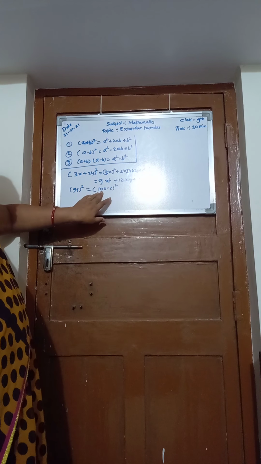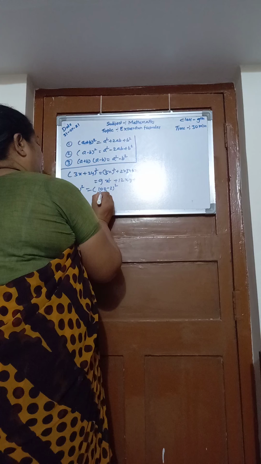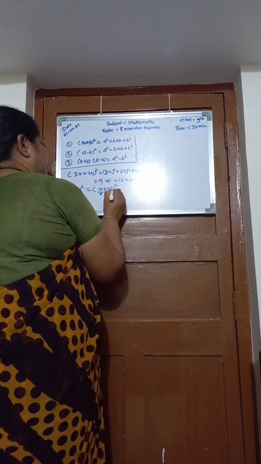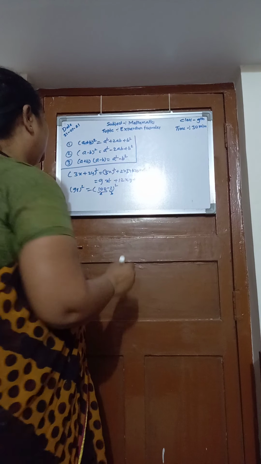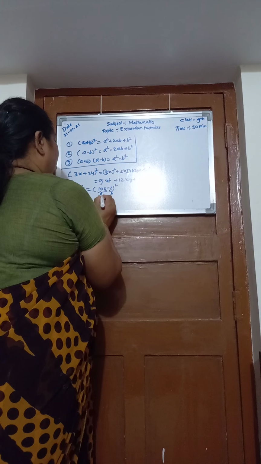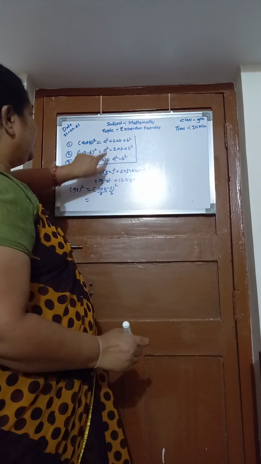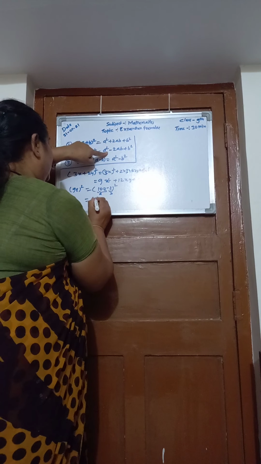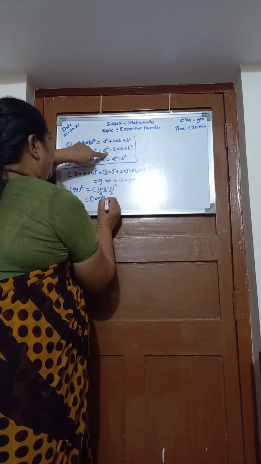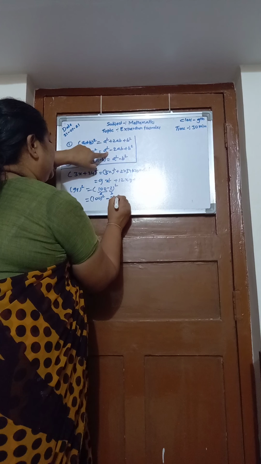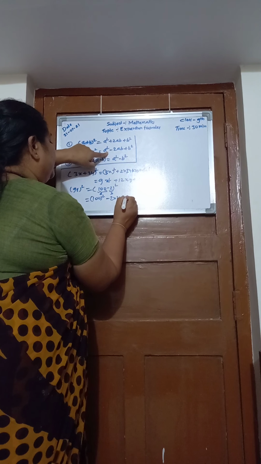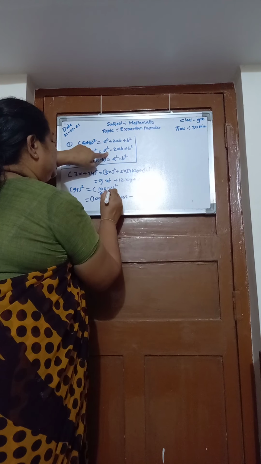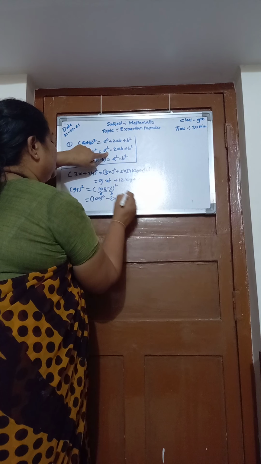You can calculate it. Take 100 as a and 2 as b. Then write the formula: a square, that is 100 square, minus 2 into a, that is 100, into b, that is 2, plus 2 square.